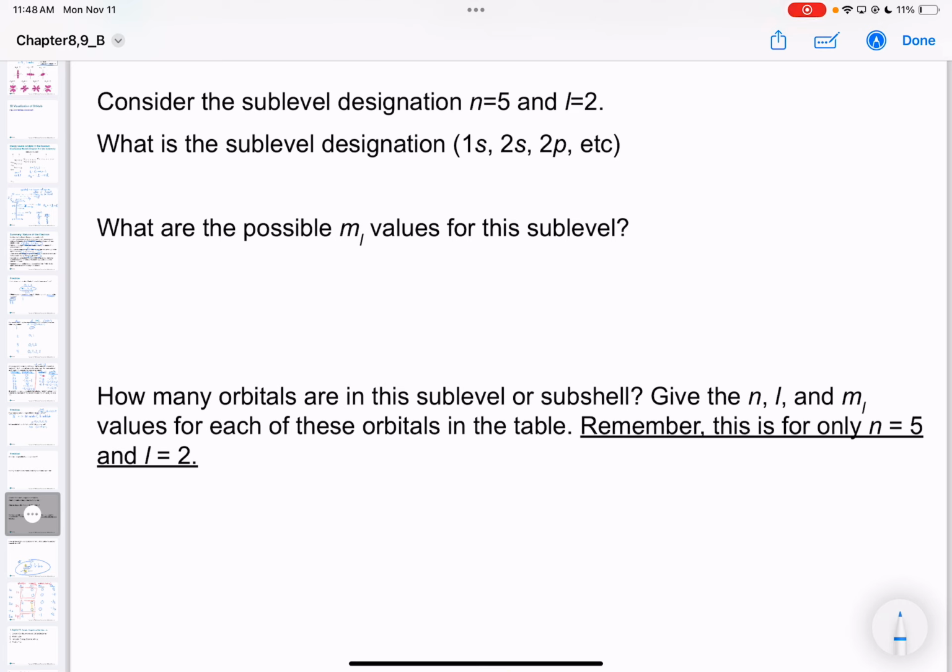Okay, so l of 2 is d, so the sublevel designation is 5d. The possible M sub L values: -2, -1, 0, 1, and 2. This is how many orbitals there are. How many orbitals are in this sublevel? There are 5 total.